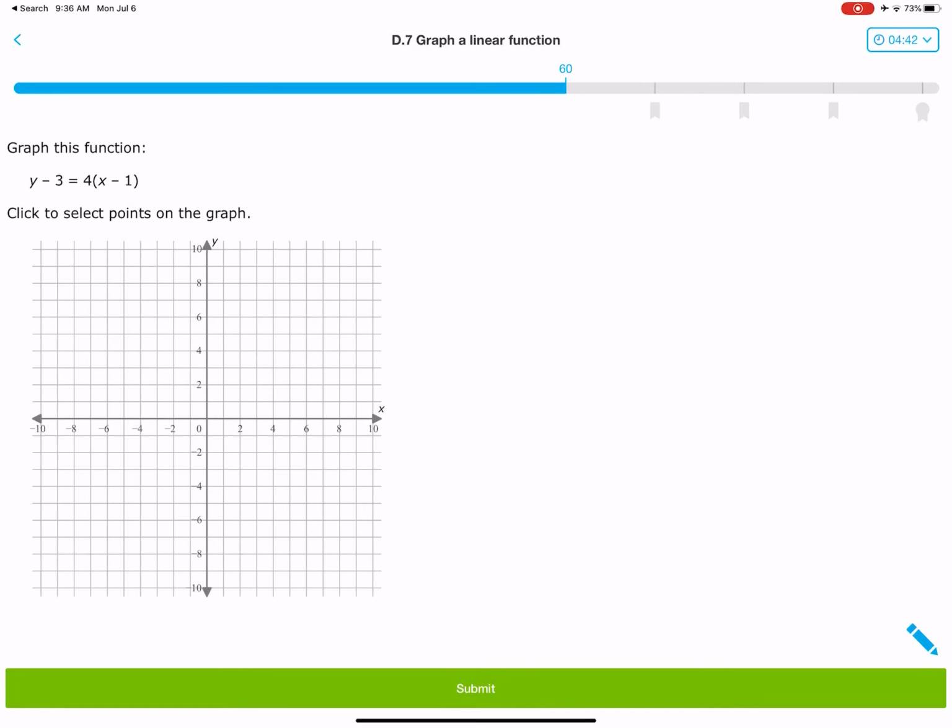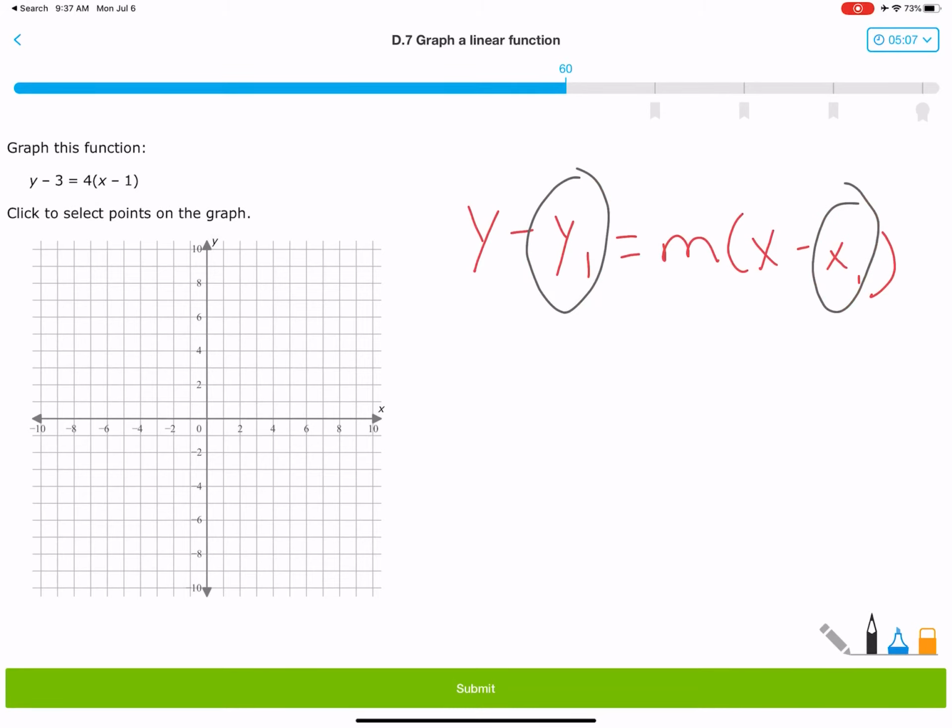Okay, so now we have a question like this. This is in point slope form. So point slope form is y minus y1 equals m times x minus x1. Okay? That means that this and this is going to be one of our points on the graph.